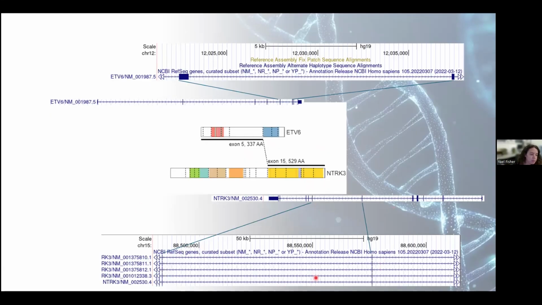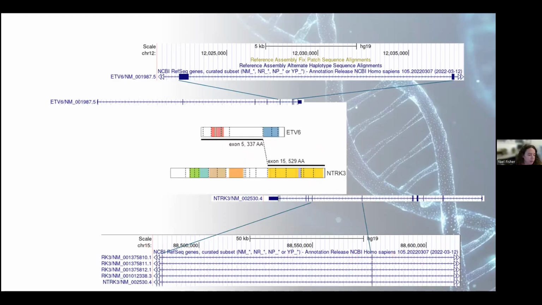So we will multiply this by 100. So we need to sequence around 1 million base pairs, or even more than a few million base pairs, just to find the breakpoints.